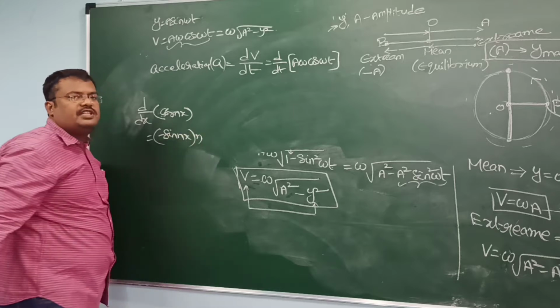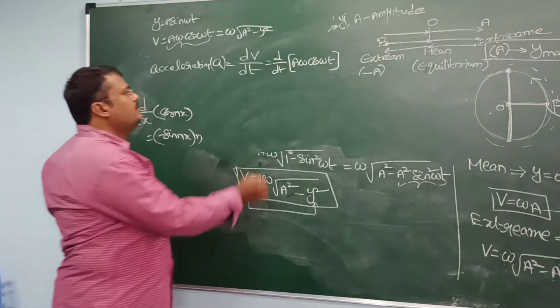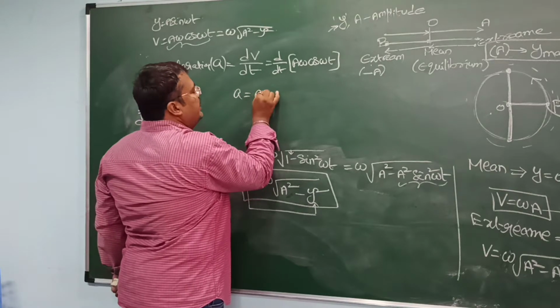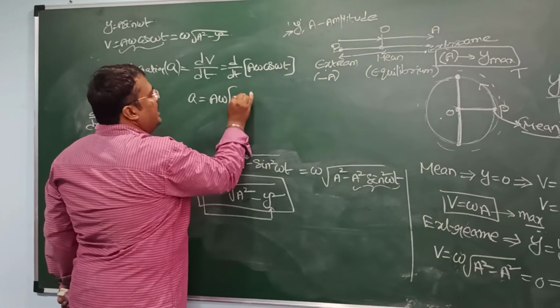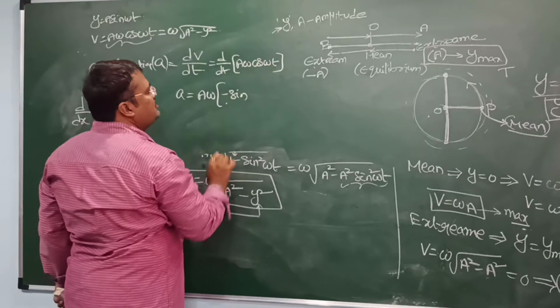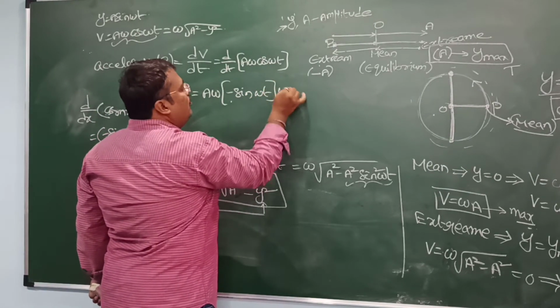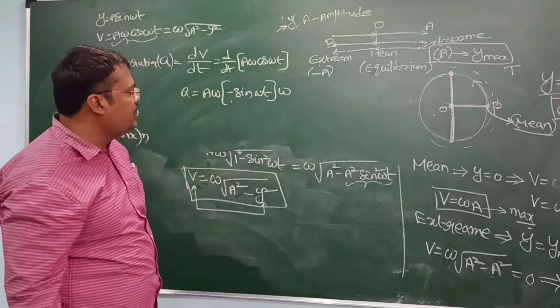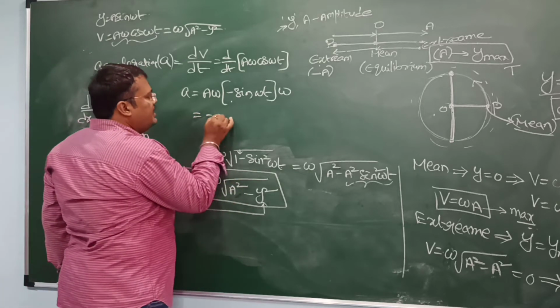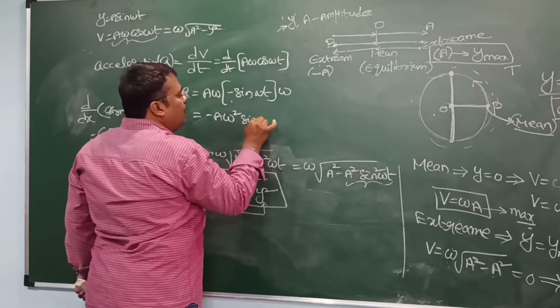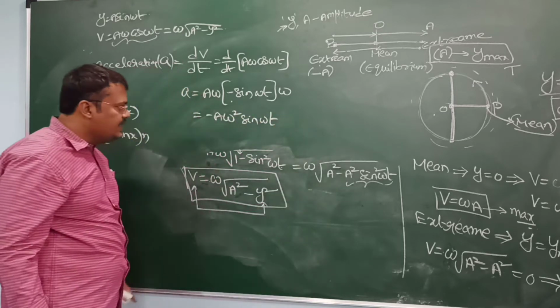This is the formula. Let us apply this one. So acceleration a is equal to a omega, d by dt of cos omega t is minus sin omega t into omega. Omega is constant, so let us put it outside. Then minus a omega square sin omega t.